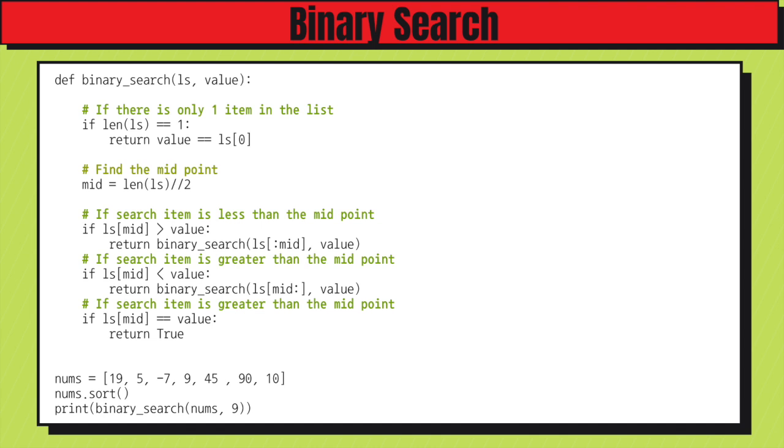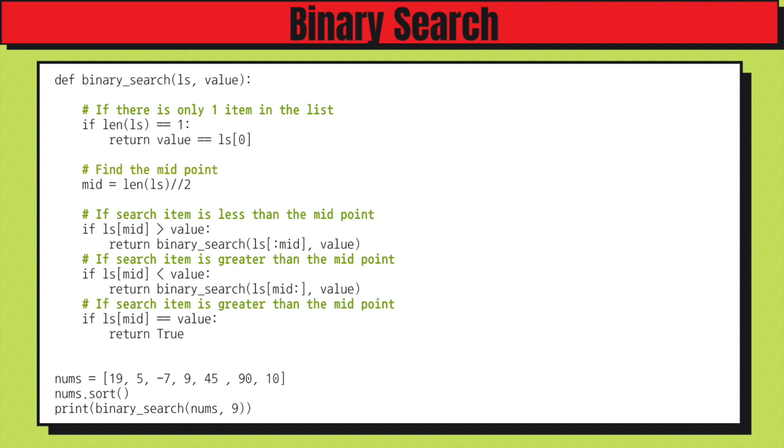And if that is the case, we want to see if that one item is equal to this value. So we say if length of our list is equal to 1, then return this. And we know that whenever we have two equals, it will check if the value on the left is equal to the right. And if it is, then it will return true, and otherwise it will return false.